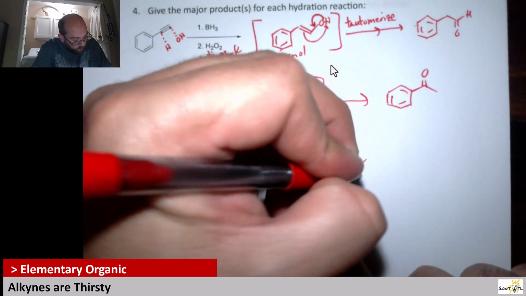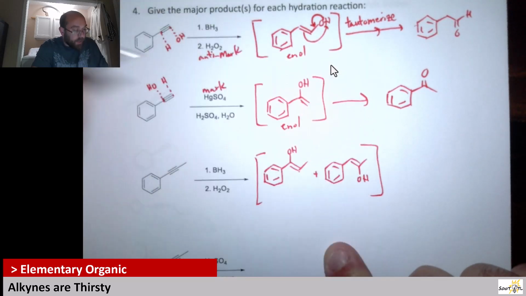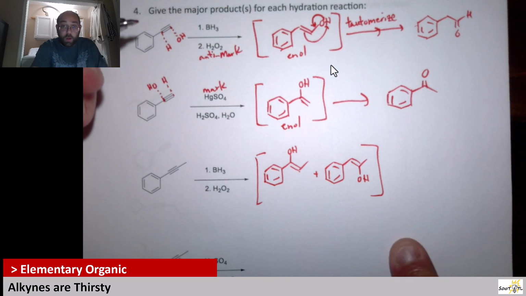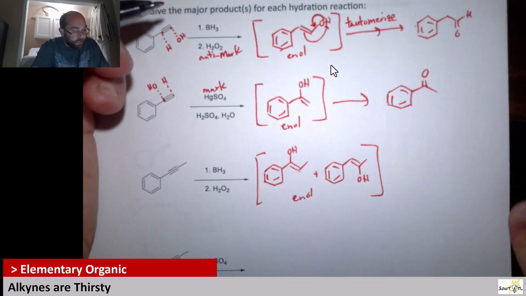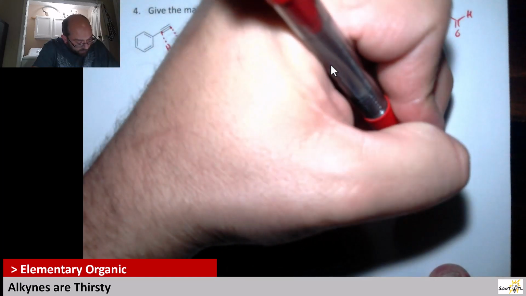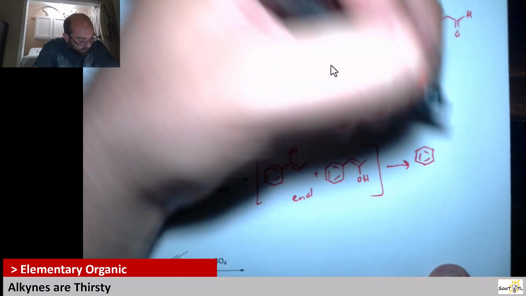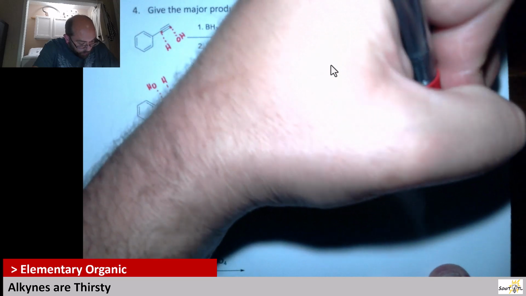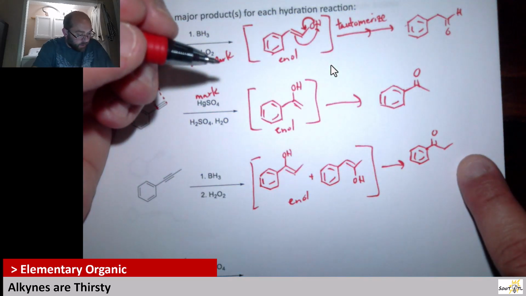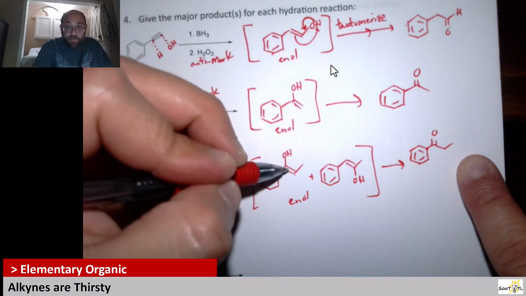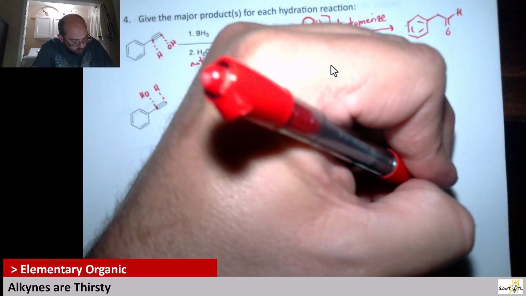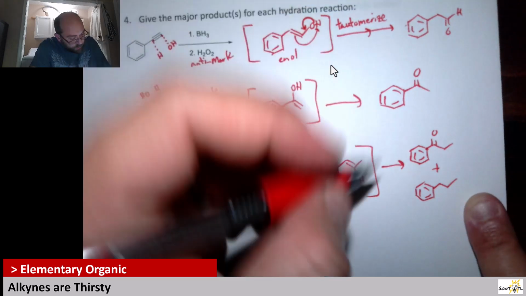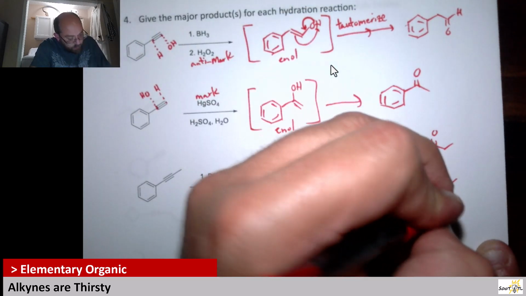And then both of those are going to tautomerize, like what we just saw, from their enol forms to the keto forms. And so what we're going to have here are two different ketone products. So that ketone product is from this guy. And then we'll get our other one, which is going to be from this guy, so the double bond there.